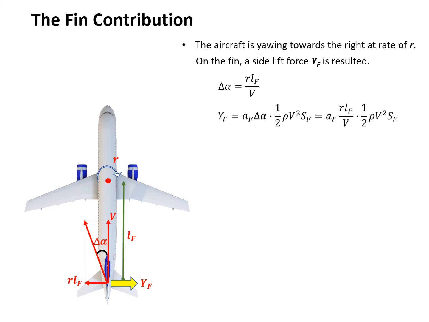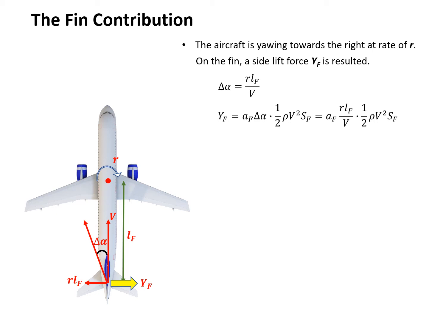Then we can write down YF, which is the side lift force acting on the fin and pointing towards the right. It equals aF times delta alpha times half rho V squared times SF.